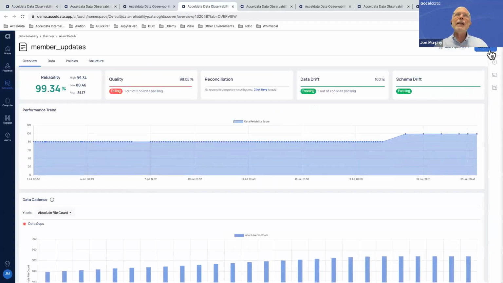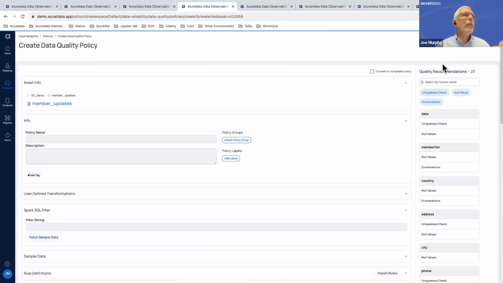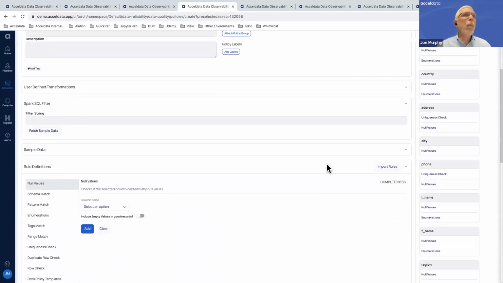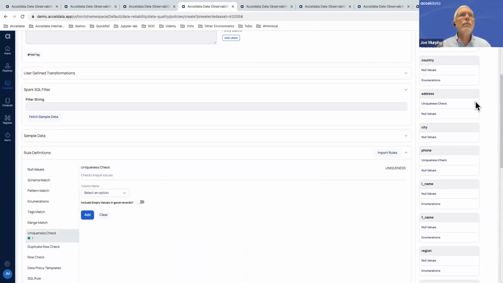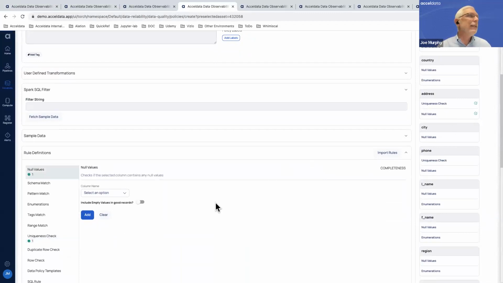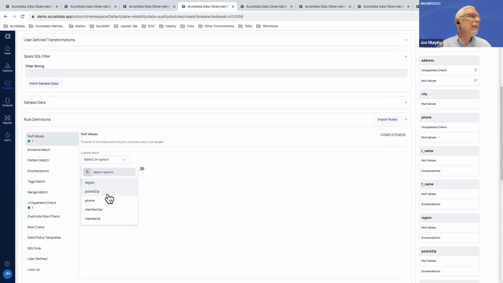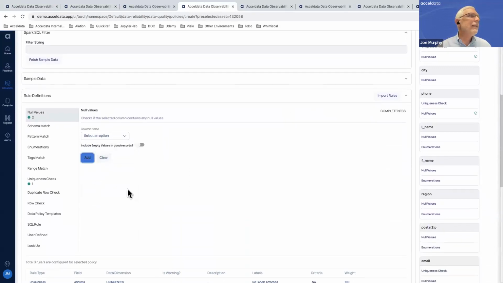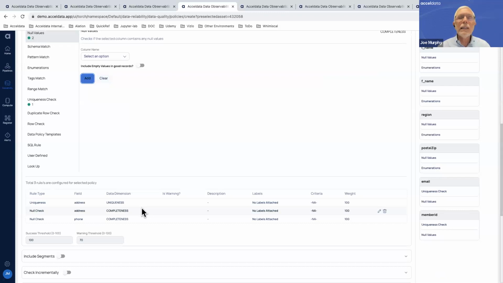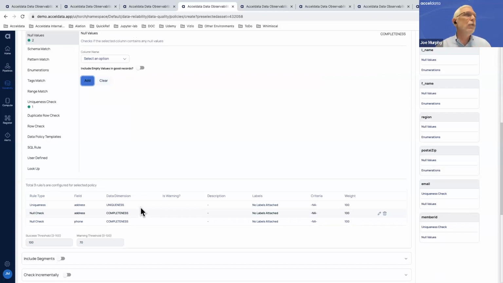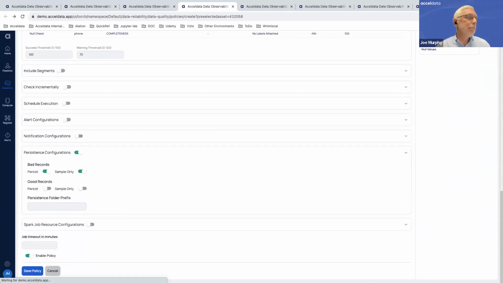So our ability to give you even the self-service capability to create your own tests against data with simple point and click recommendations on things to check about your data, a simple point and click way to create a multi-rule policy so that you can assess the reliability of the data you're working with, can again improve trust as you move forward in this journey.